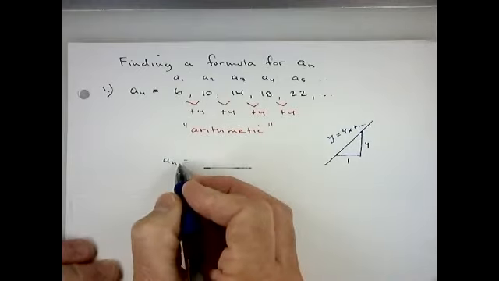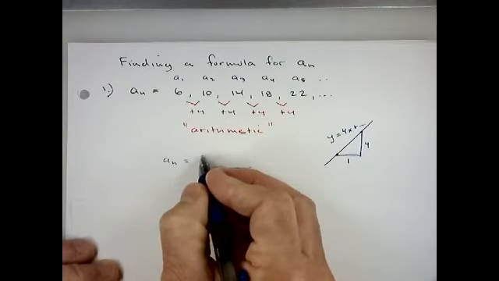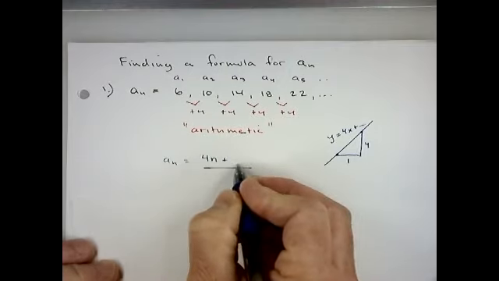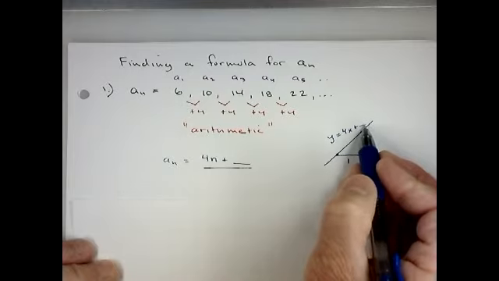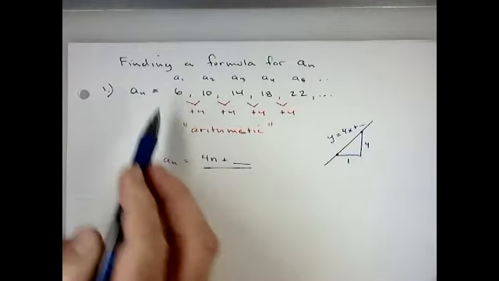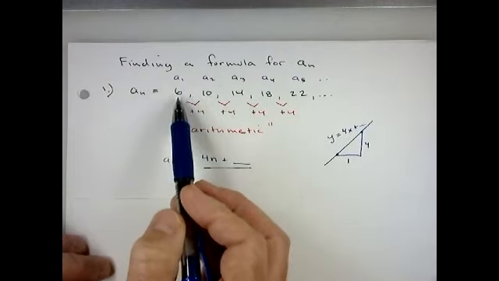So that's exactly what's happening here. If it's increasing by 4, then I know that my sequence must have a 4n plus something there, right? There has to be some number here. Now, usually for lines, of course, that would be the y-intercept. But one easy way to figure out that number is to just substitute in. When n is 1, we're supposed to get 6, right?